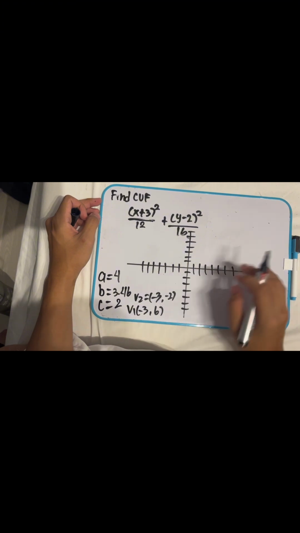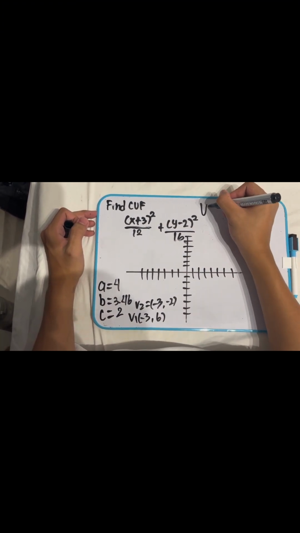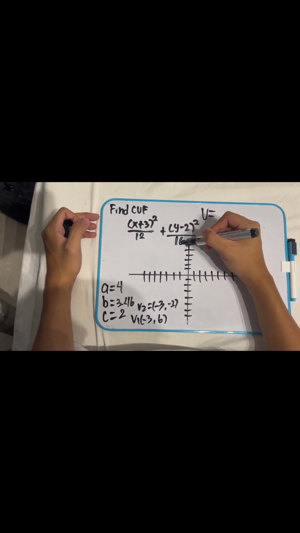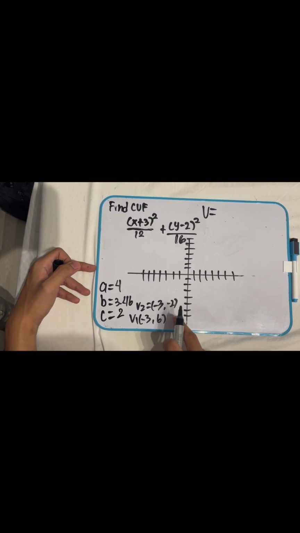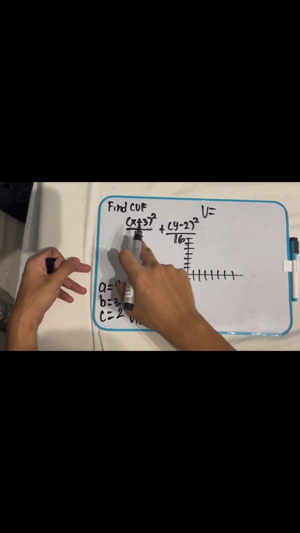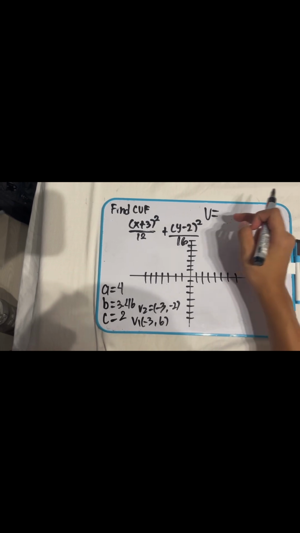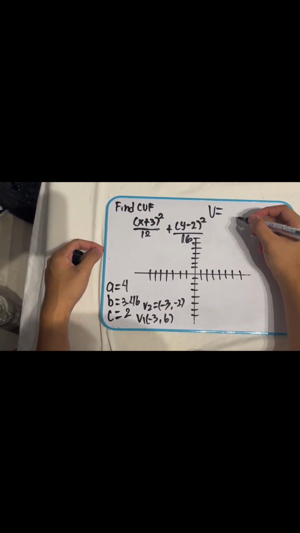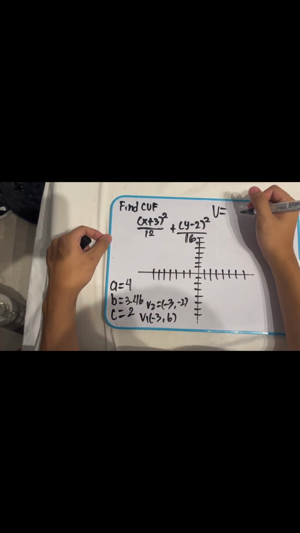So now let's solve for our co-vertices. Since our orientation is horizontal, that means x is longer than the values of y, so our ellipse is horizontal.